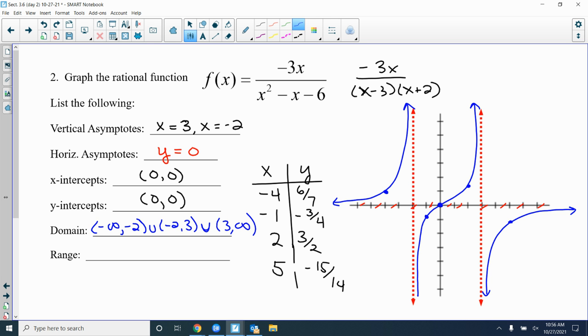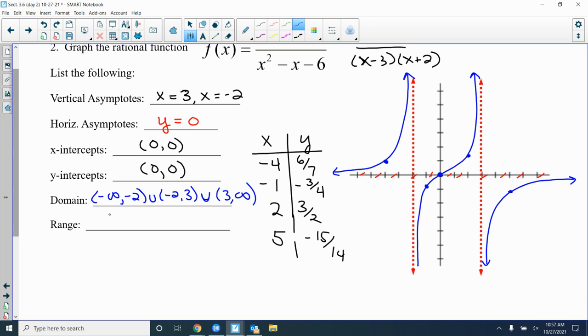All right, what about the range? Look at that middle piece. Middle piece goes all the way from negative infinity all the way up to positive infinity, right? Does it go through zero? Yeah, so it's all real numbers. Negative infinity to infinity. This is a case where it hits and crosses the horizontal asymptote. When you plug in zero, you get back zero. It's not undefined.